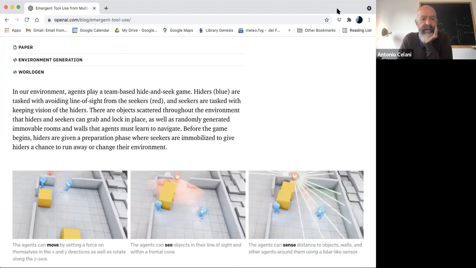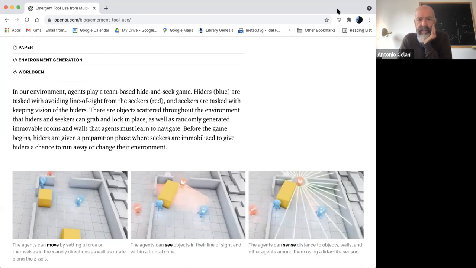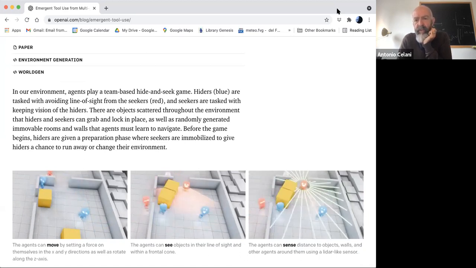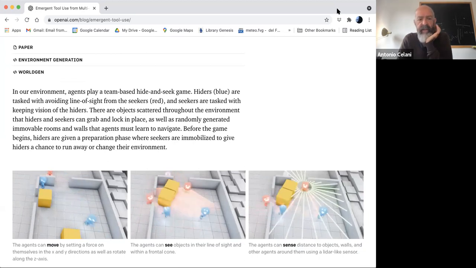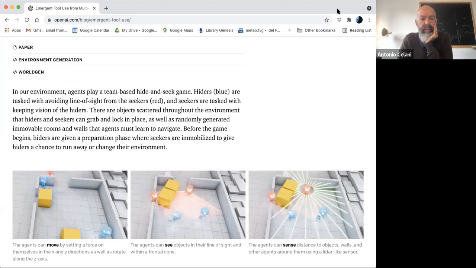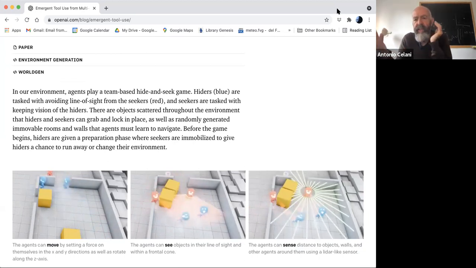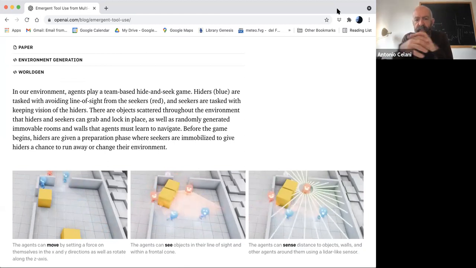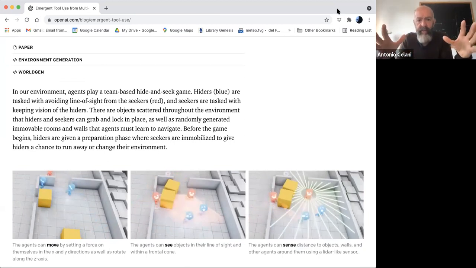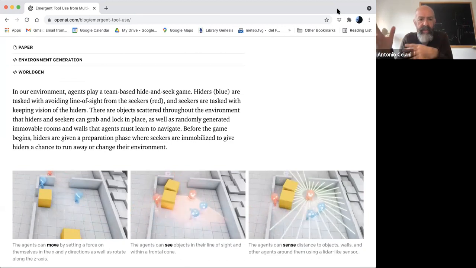So there are red players, which are seekers, and hiders, which are blue. And of course, the seekers want to catch the hiders. So what are the states and the actions for this system? The states are defined by this complex environment, which is made of rooms, of blocks, of ramps.